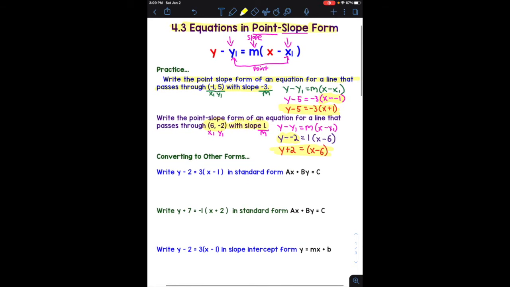Point-slope form is very easy to write. As you guys could see, we just substitute the right numbers in the right spots and simplify if we have any double signs. What point-slope form is often used for is because it's easy to convert to other forms.